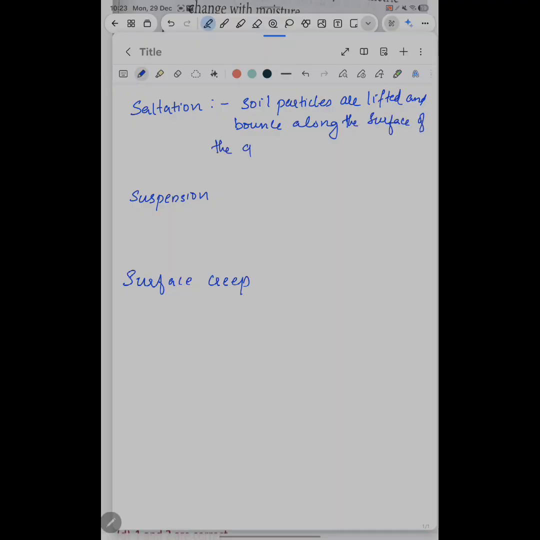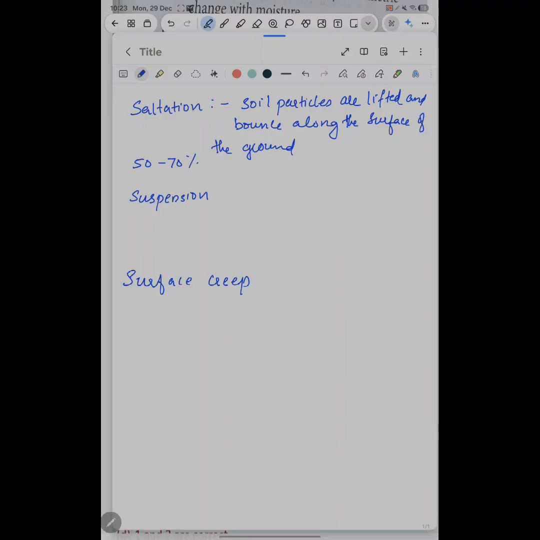This mechanism is responsible for transporting the maximum portion of soil during wind erosion. About 50 to 70% of the total movement of the soil particles happens due to saltation.